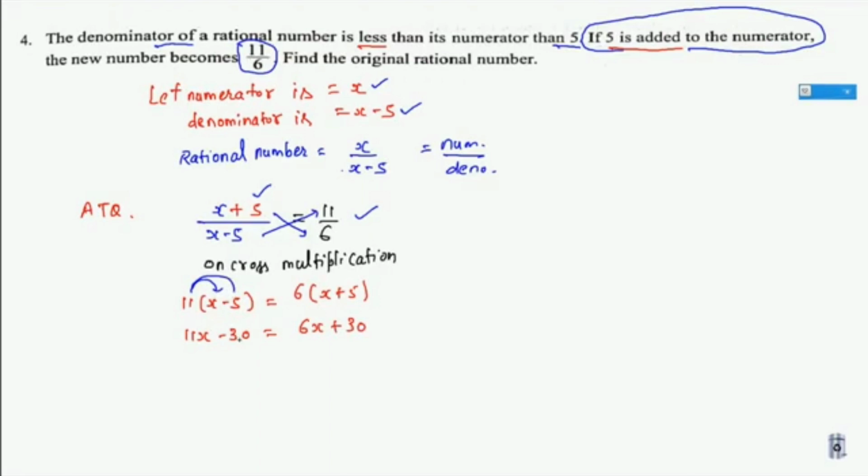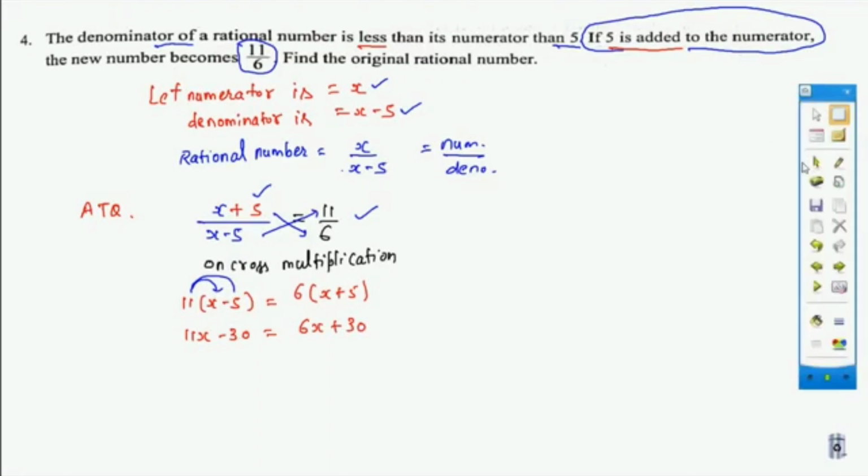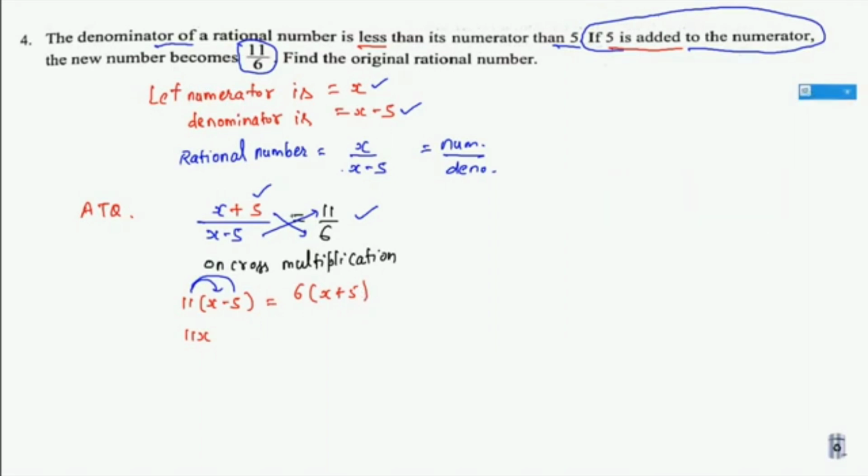After cross multiplication, we get 11 into (x minus 5) is equal to 6 into (x plus 5). This implies 11x minus 55 is equal to 6x plus 6 into 5, which is 30.